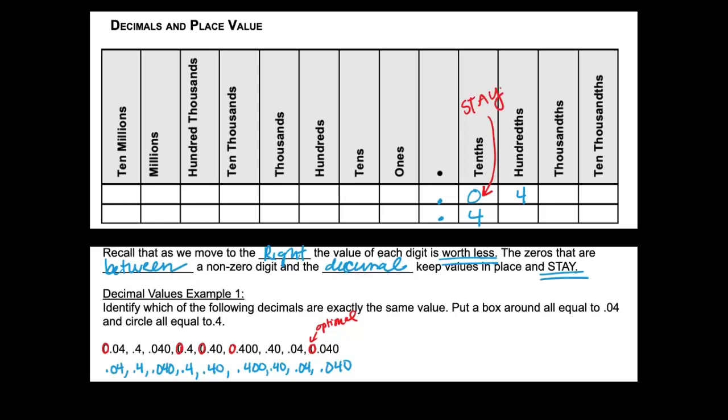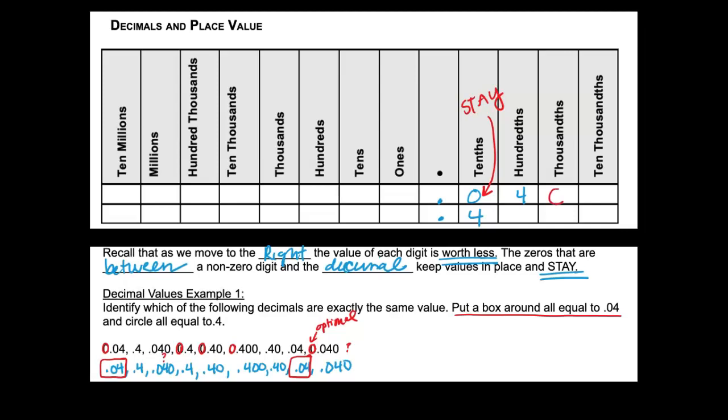I'm first going to put a box around all the numbers equal to 0.04. Any number that looks like 0.04, I'm going to put a box around. So this one looks like 0.04. This one I'm not sure about, let's talk about that in a minute. This looks like 0.04, and then this one I'm not sure about. Let's think about these two, 0.040.